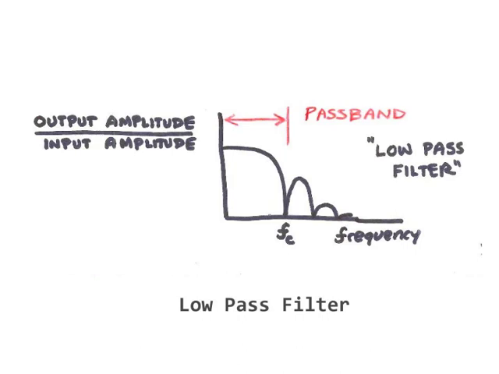This plot shows that below the cutoff frequency, the output amplitude is almost the same as the input amplitude, and above the cutoff frequency, it is greatly reduced. For this particular filter, there is no output at the cutoff frequency, as we discussed before. For other filters, there may be an output at this frequency.